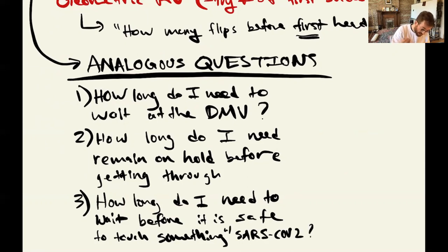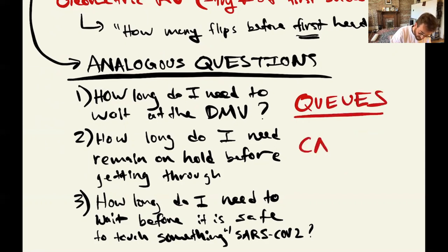And just to highlight the general categories, I want you to think of these as keywords to look for whenever reading a problem, which should ideally prompt you to use the exponential random variable. You want to think of this as being the subject of queues, where we could think of these as calls or emails nowadays.